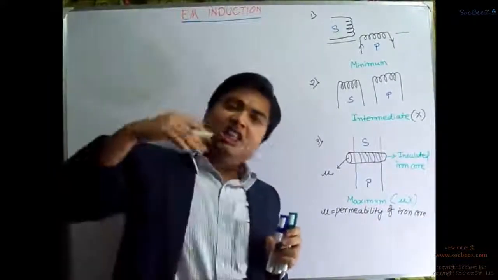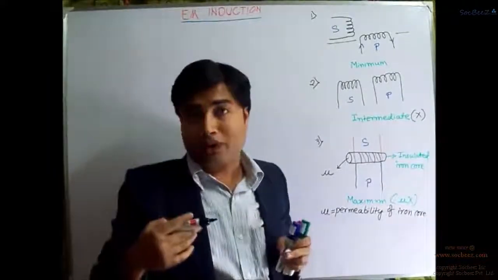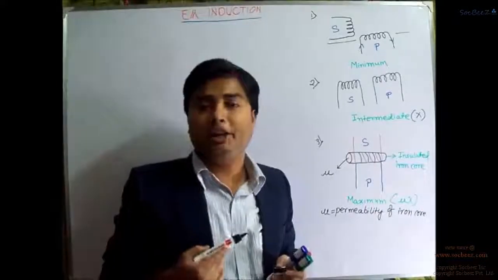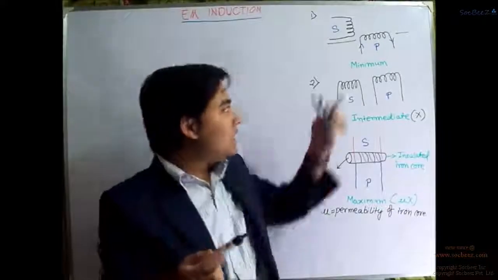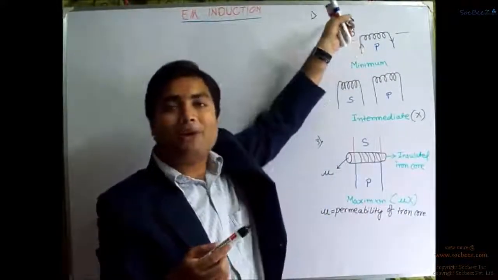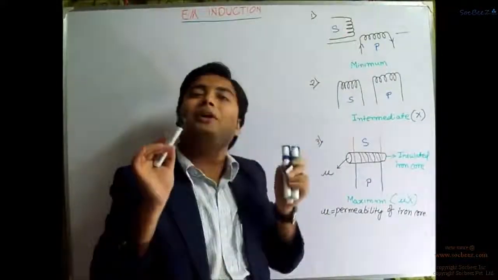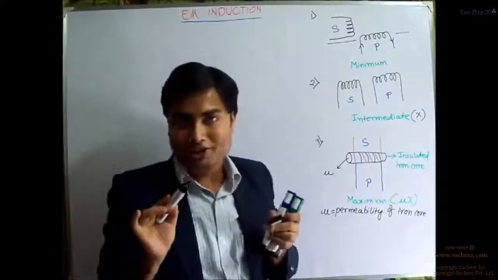So the change of magnetic flux with respect to time, d phi by dt, will be the least again. And if that is the least, the induced EMF produced in the secondary coil would be the least.